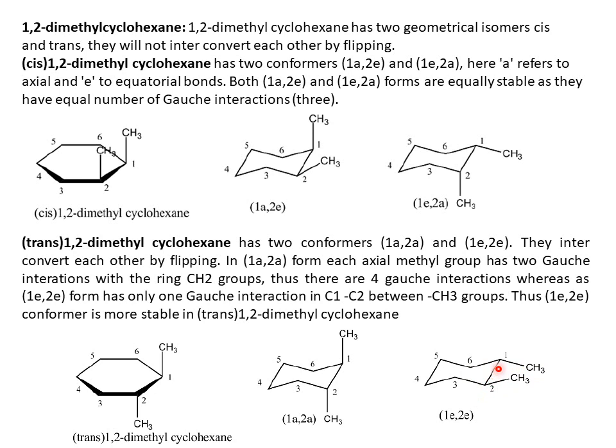But there is a gauche interaction about the 1,2 bond between the CH3 groups of this equatorial and this equatorial. Thus there is only one gauche interaction in the EE form, whereas here four gauche interactions exist. Thus the EE form is more stable than the AA form in the trans isomer.